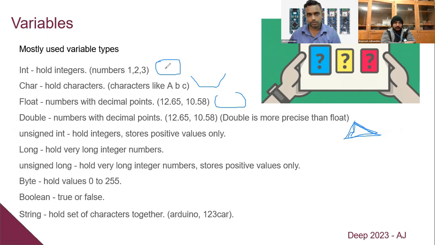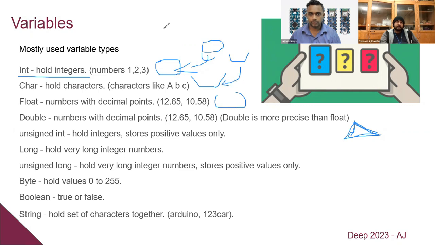So if you want to put some integer values, you will have to have something called an integer variable. You have a shape like this, you can put that inside this, right? So this shape matches this. Now if you have a char like this, you can put that inside this.